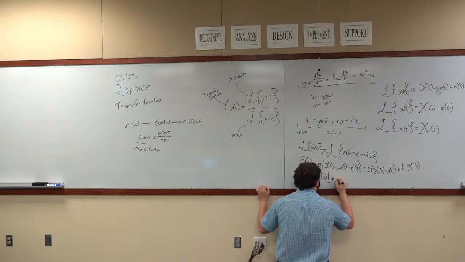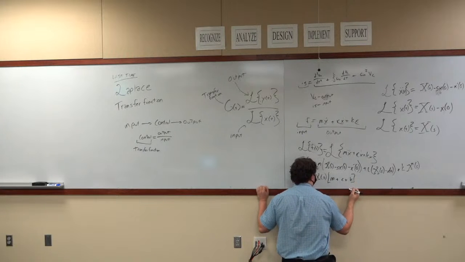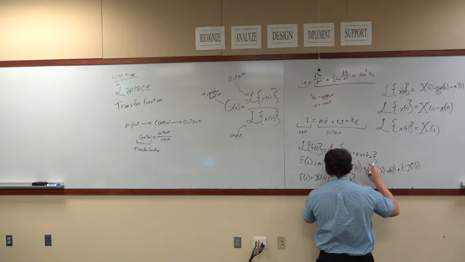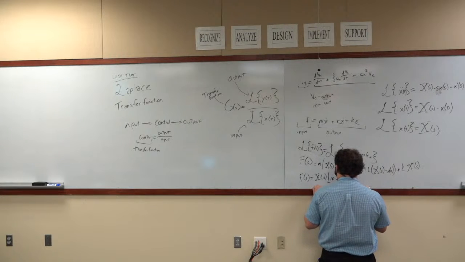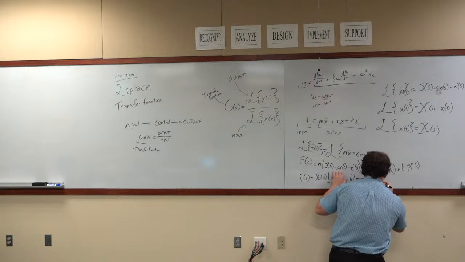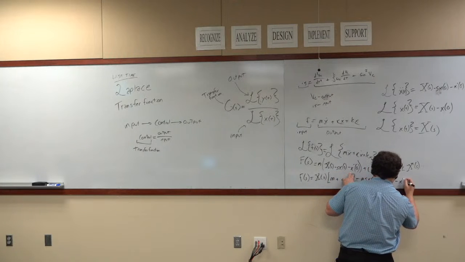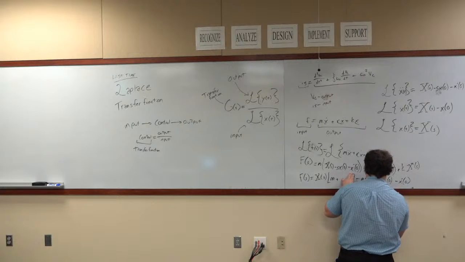So that's m plus c plus k. And then all of my non-X of s terms. So that's going to be plus, minus m s x 0 minus c x 0 minus x prime 0.